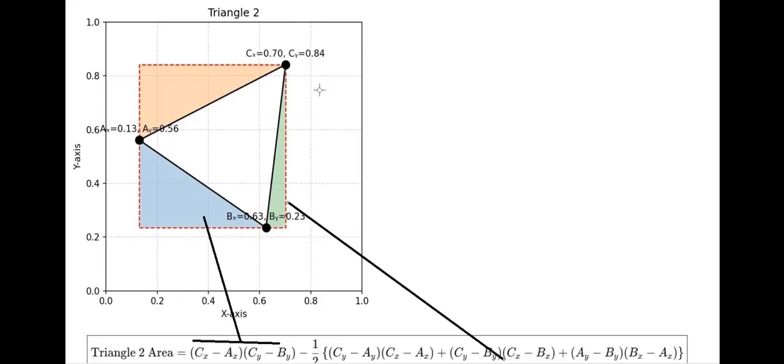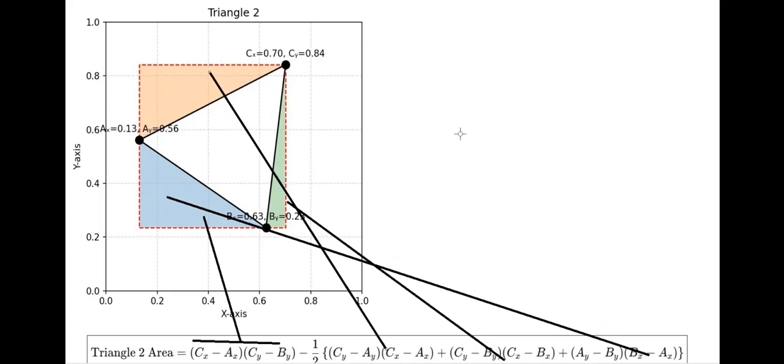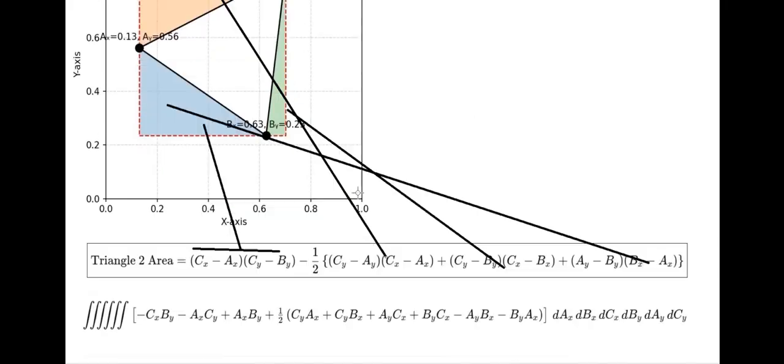And this term, AY minus BY, BX minus AX, it's this triangle out here. CY minus AY, CX minus AX is this one. So those are the 3 triangles. And the square, so that is the equation. If we multiply all of that out, we get this.